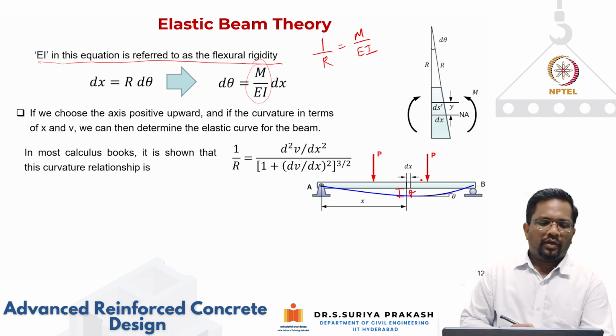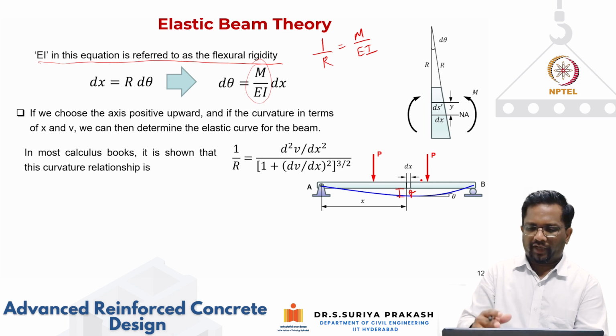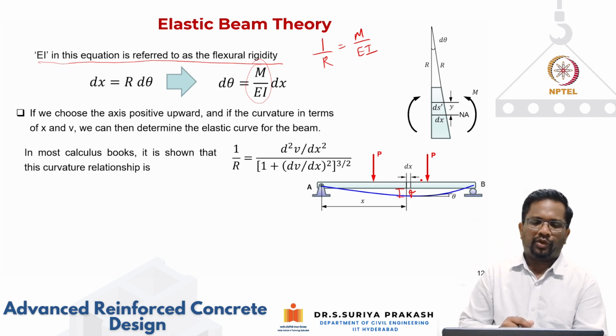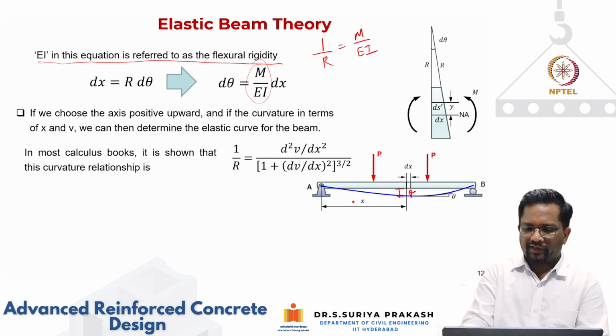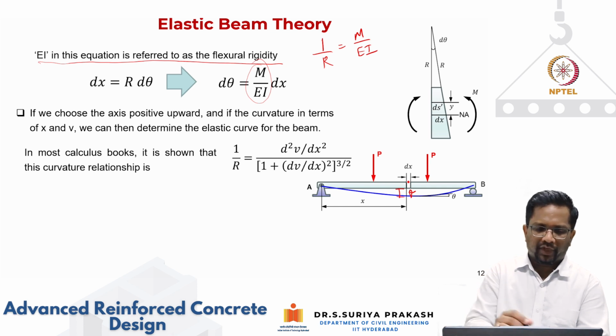If you choose your deflection axis v as positive upward, then the curvature can be expressed in terms of x and v. x is the section at which we are taking the small elemental length dx, and we can determine the elastic curve.